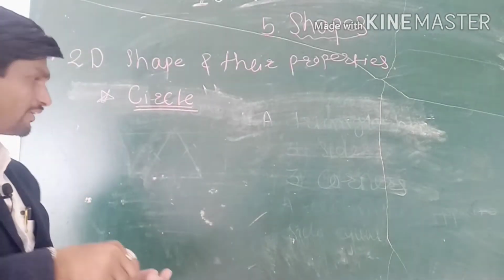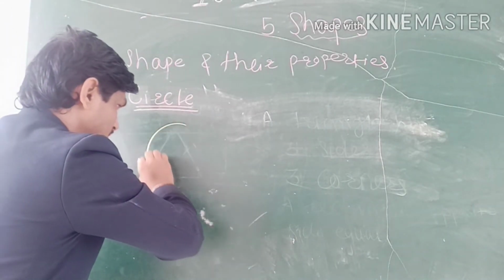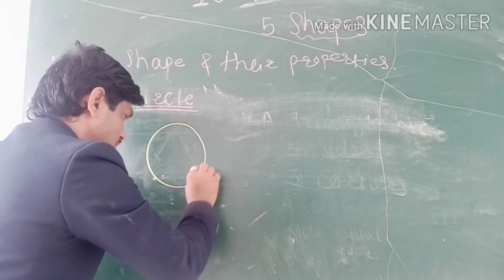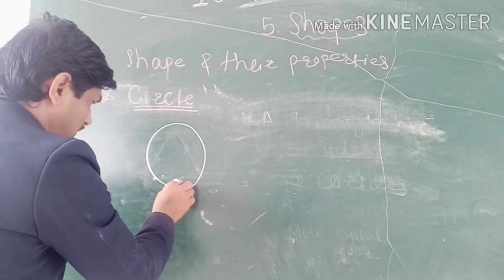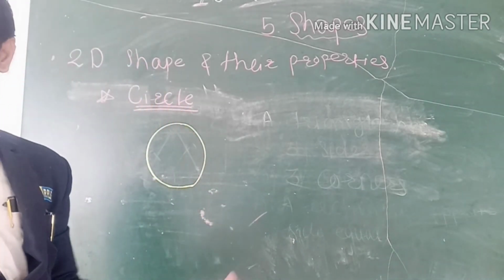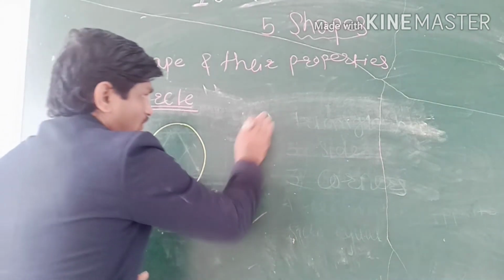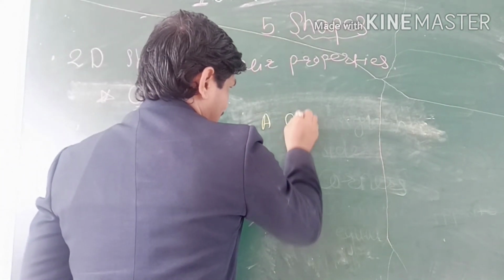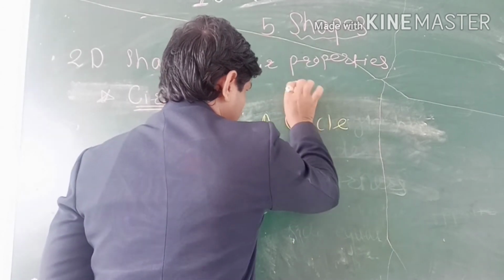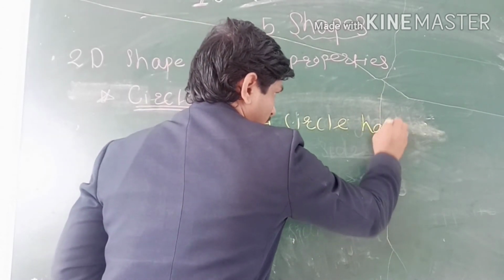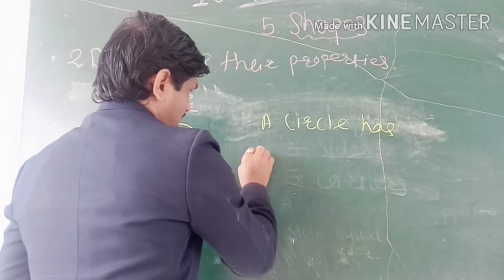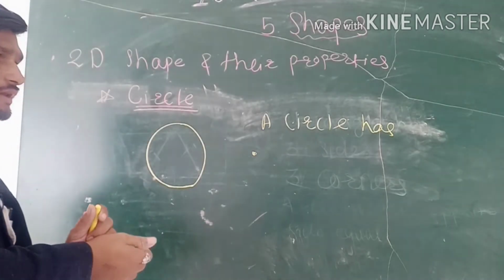You know circle, everyone? This is the circle. So a circle has, what is the property of a circle?